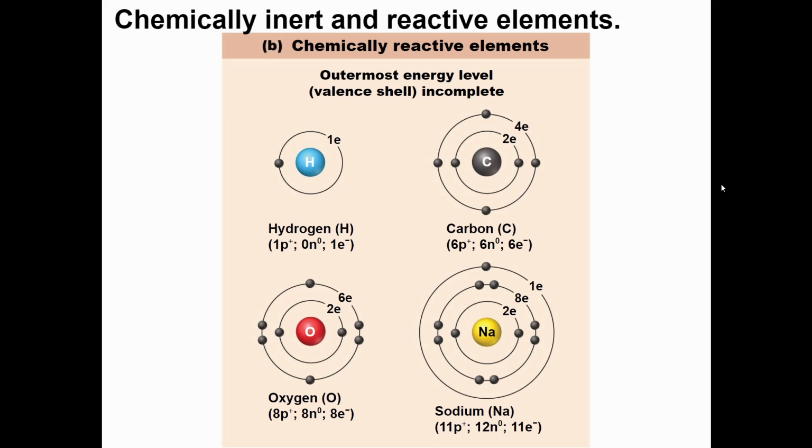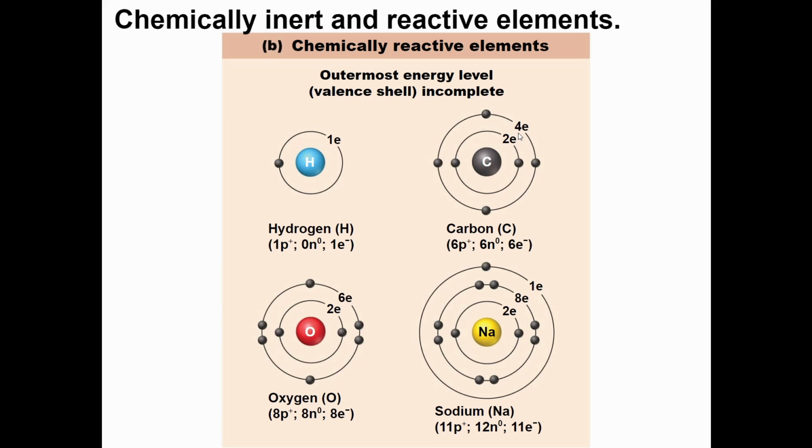Here are some chemically reactive elements. Notice that their outermost energy level is not complete, it's incomplete. Their valence shells are missing electrons, at least as far as they're concerned for stability. Here's hydrogen with its 1 electron. It has 1 orbital close to the nucleus, so it would like 2. Carbon here has 4 electrons in its valence shell. It would like 4 more.